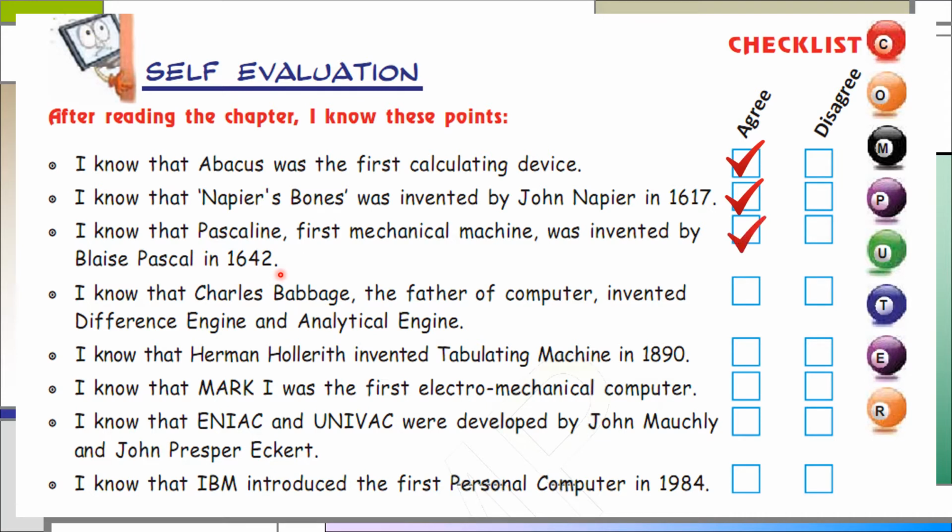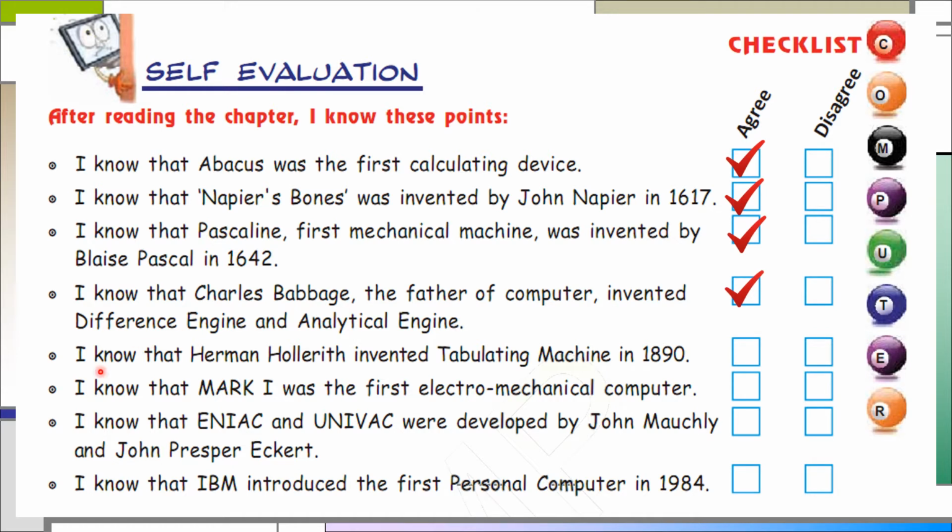We agree with this point because we have read these points in the lesson. I know that Charles Babbage, the father of computer, invented difference engine and analytical engine.